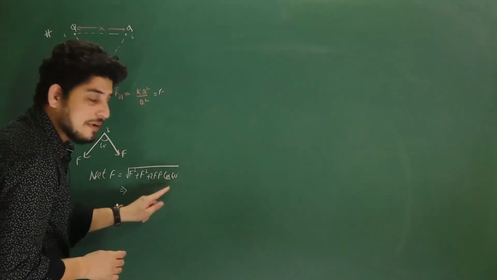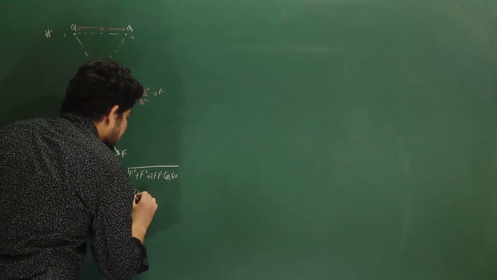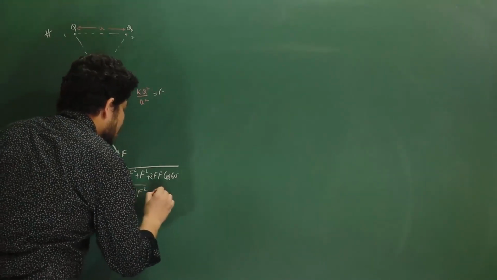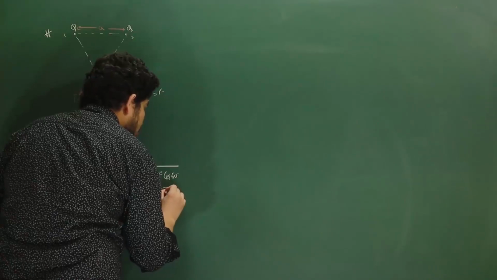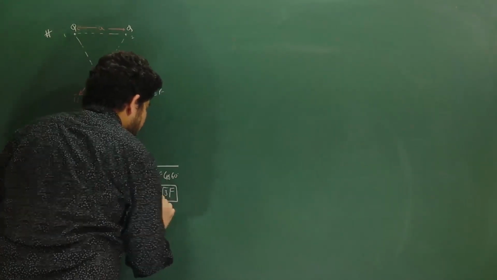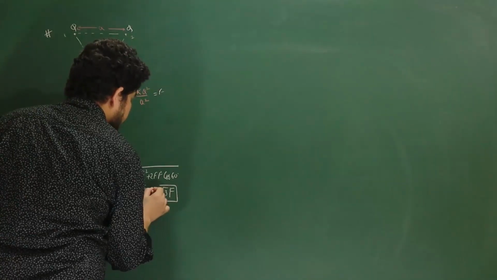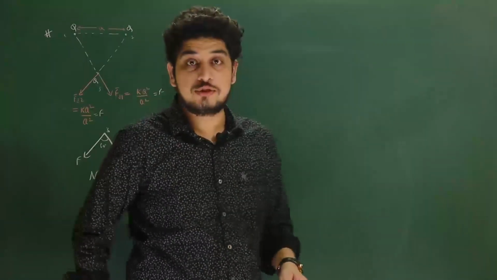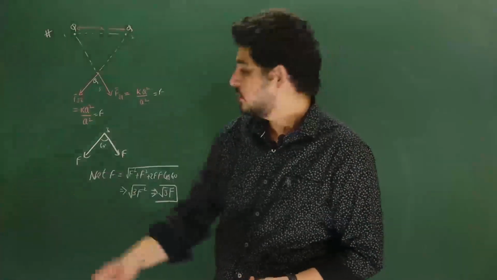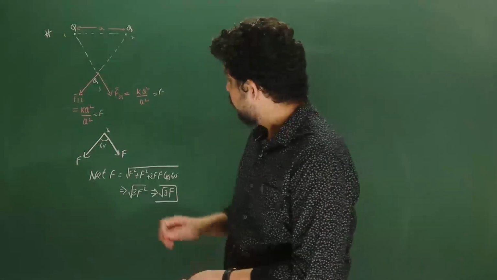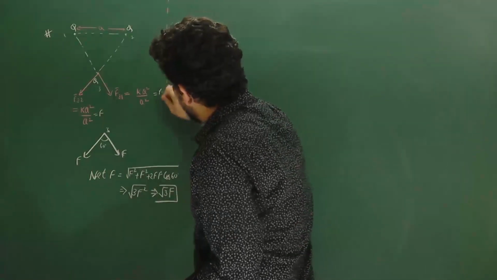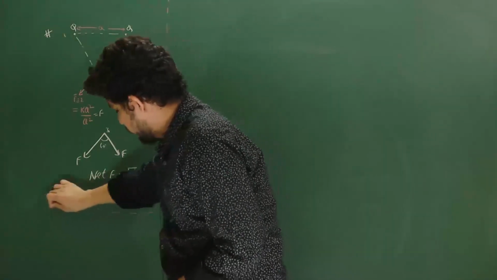The cos 60 is 1 by 2, so it becomes the square root of 3F square. The answer will be root 3 F. So this is the force on charge 3 due to 1 and 2. You can note it down, the question we have discussed on Coulomb's law.